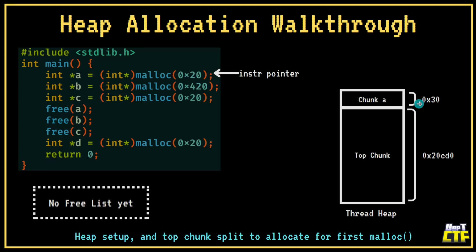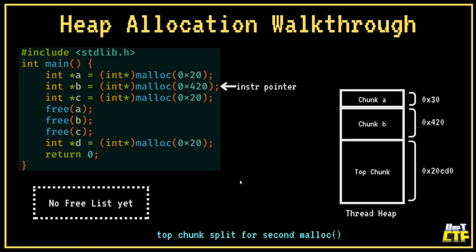We're going to give it 0x30 because we need 16 bytes of metadata. So we have this allocated chunk of size 0x30 that is broken off from the top chunk. The top chunk has all the memory, and we take a little bit of that, breaking off a portion for this chunk, and return it as the result of the malloc call.